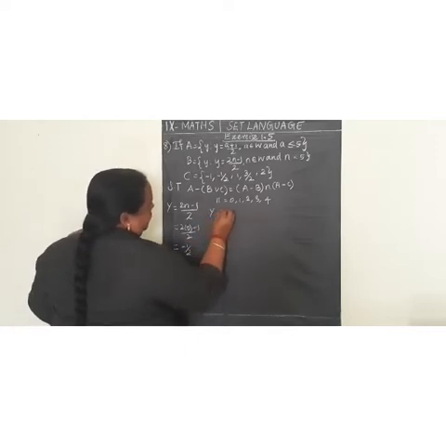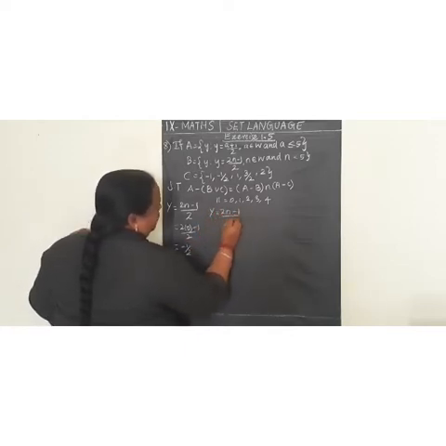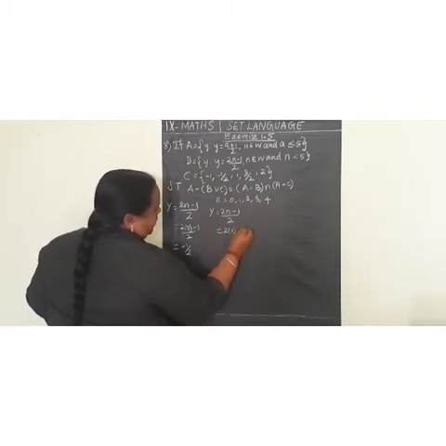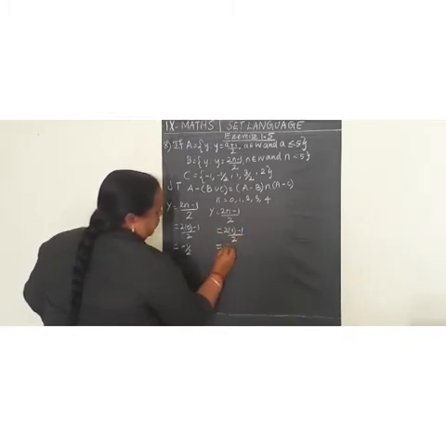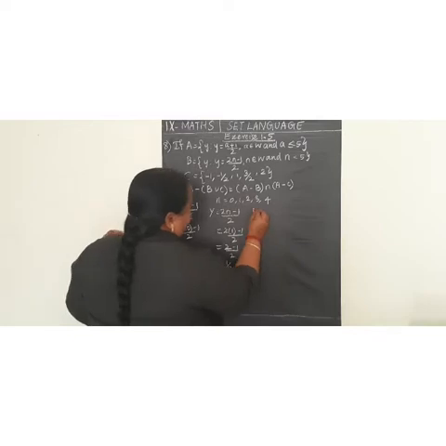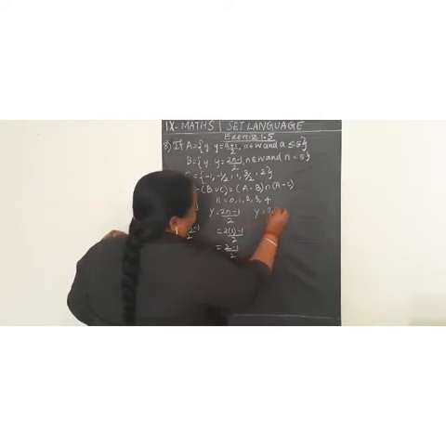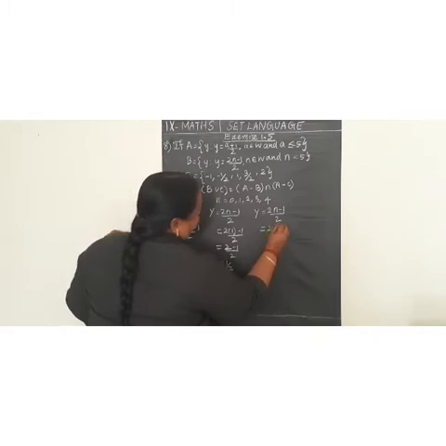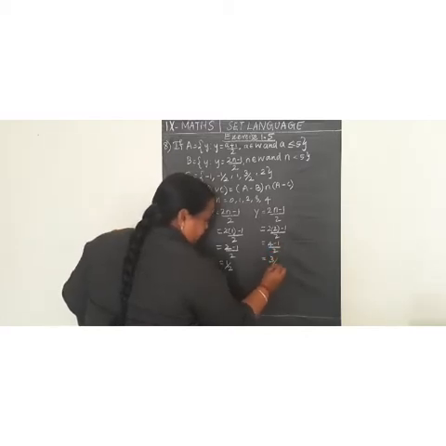Next, y is equal to (2n minus 1) by 2. Substitute the next value 1: 2 into 1 minus 1 by 2, 2 ones are 2, 2 minus 1 by 2 is equal to 1 by 2. Next, 2 into 2 minus 1 by 2 equal to 4 minus 1 by 2 equal to 3 by 2.